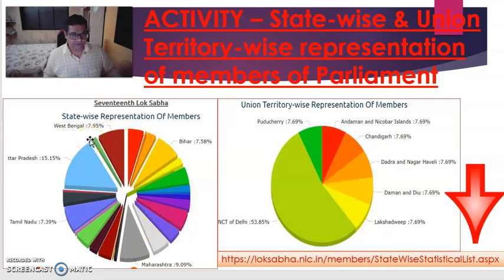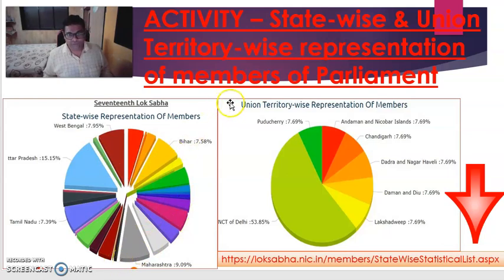There are 39. You can see all the states over here, right? So I want you to find out all the names and places and the seats in each and every part of this pie chart.